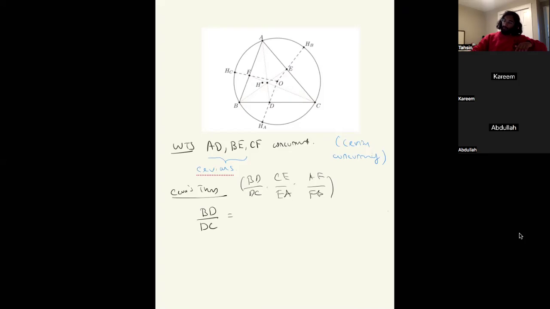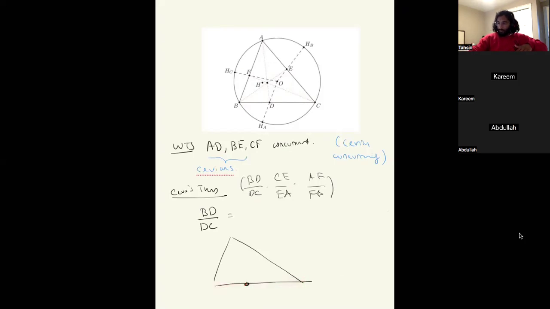Usually the idea is you either calculate some kind of area ratio, or even more simply, if I have a triangle like this and I draw this thing here, how do I calculate the ratio between this and this?